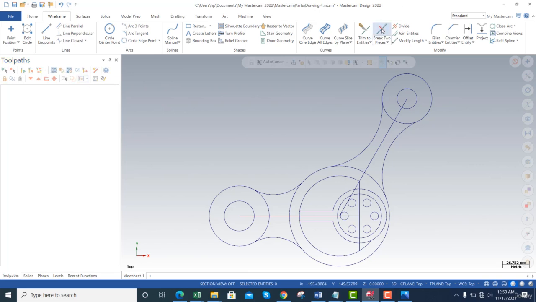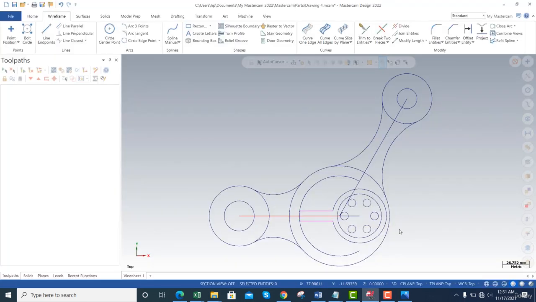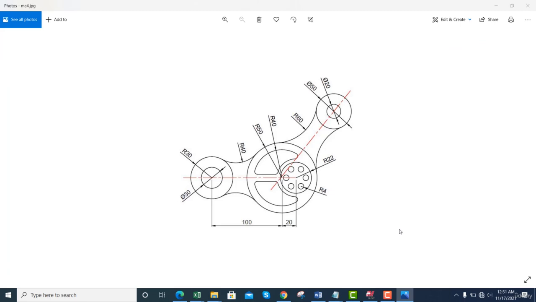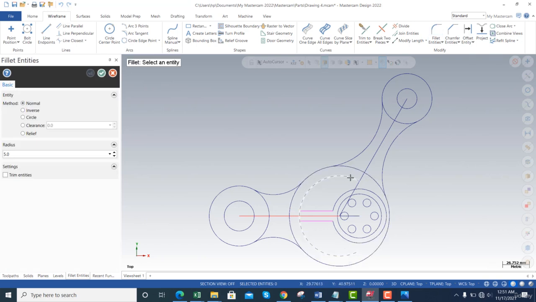Okay, now I will break this at this point. I will delete this line and this portion. Okay, now I will create a fillet with this offset.